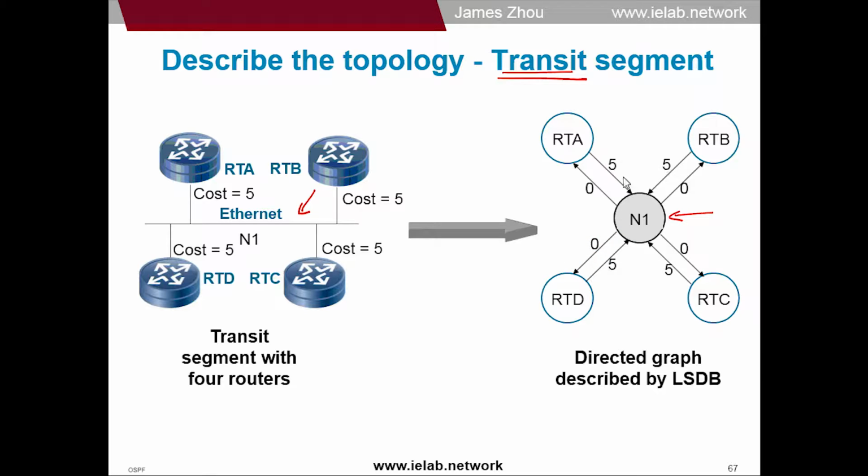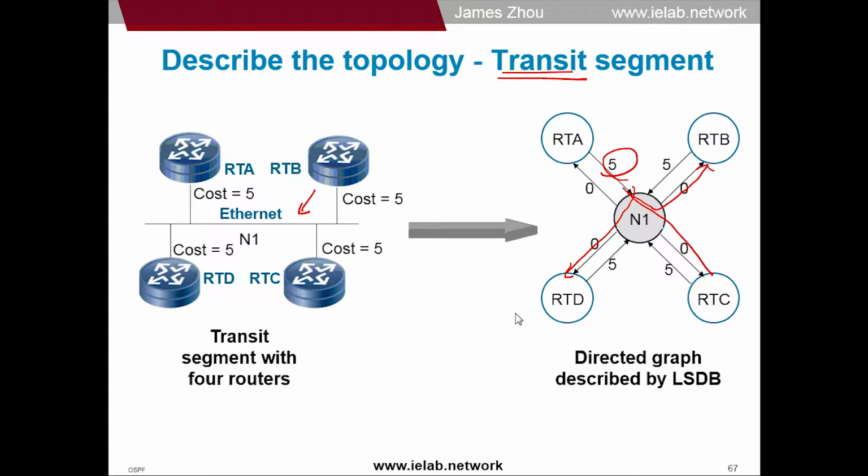Every router to the pseudo node is 5. Actually, RTA to the pseudo node is 5, and the pseudo node to RTB is 0, so RTA to RTB is 5. RTA to RTC is 5 too. RTA to RTD is 5.